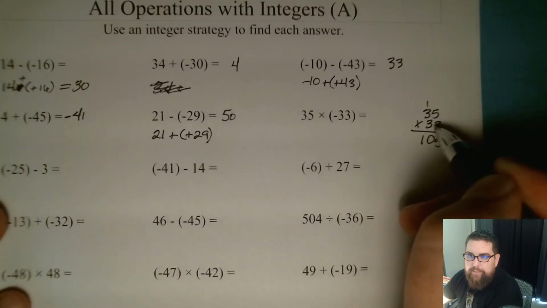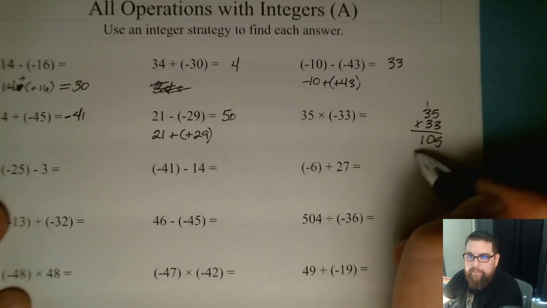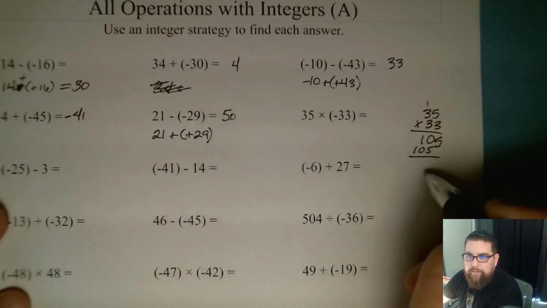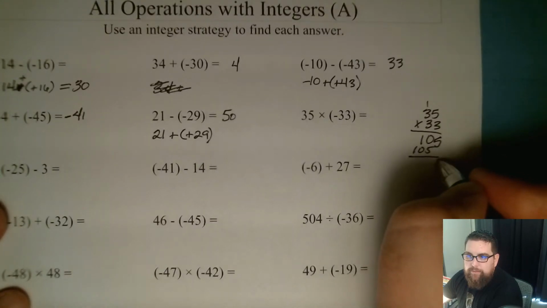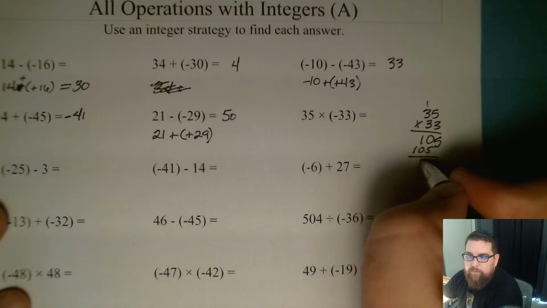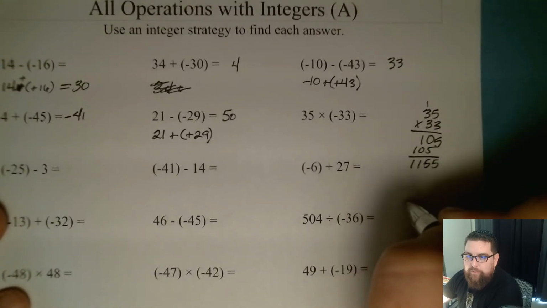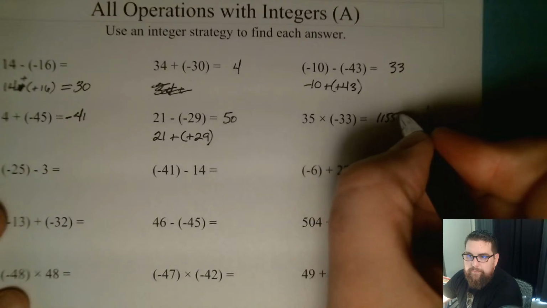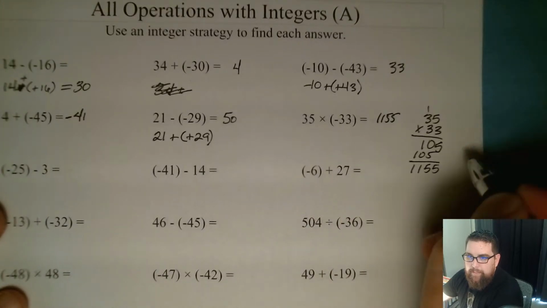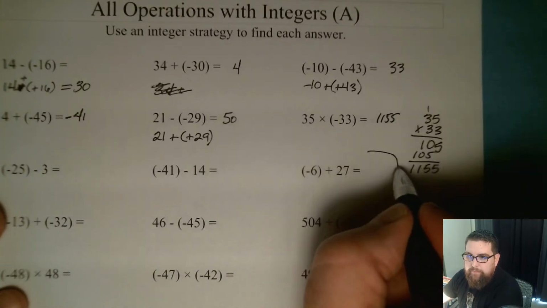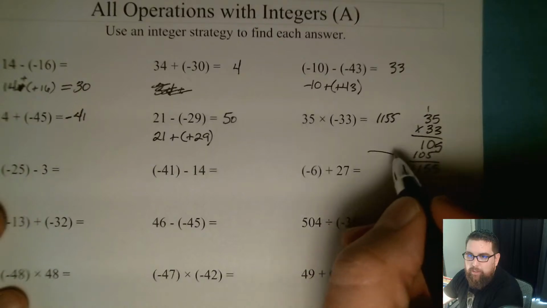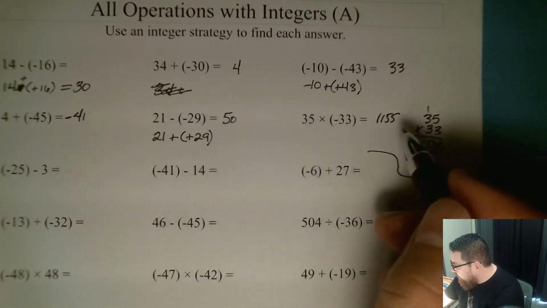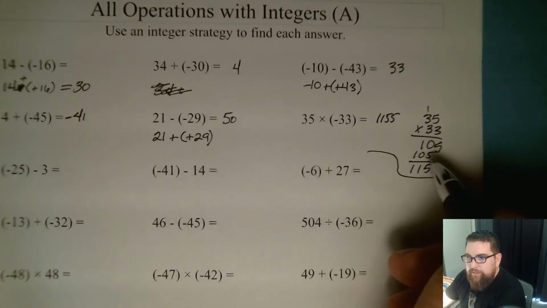Now, because we're going to multiply by 3 again, I can just copy that 105 one space over. Then when we add, it becomes 5, 5, 1, and 1. So we have 1,155 as our answer. We're just going to do something like this so it's clear that that's part of this problem.